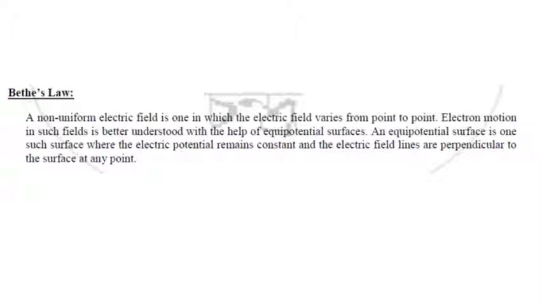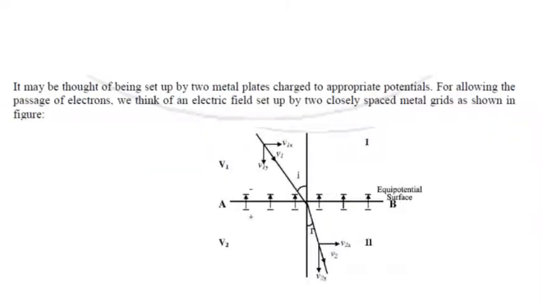Any field is made up of non-uniform field. Suppose the field is increasing from lower to higher, then we can consider the field as consisting of equipotential surfaces. Many equipotential surfaces are there and the field line is perpendicular to the surface. Just see this figure. Is it reminding you of something?